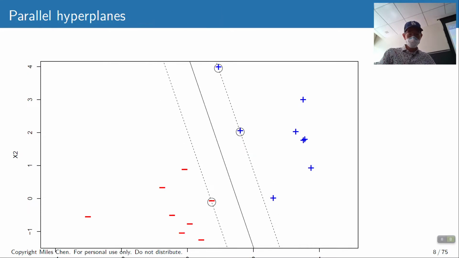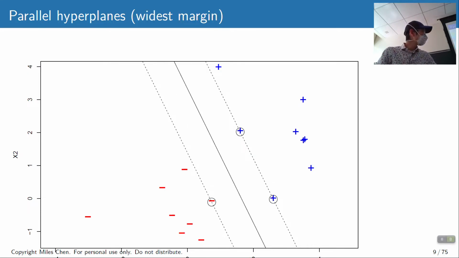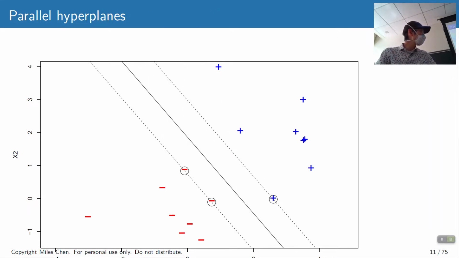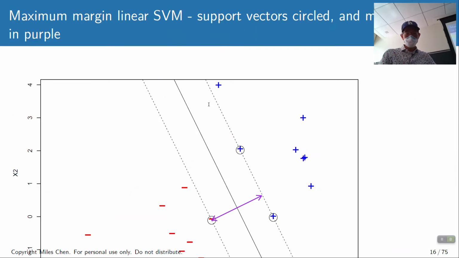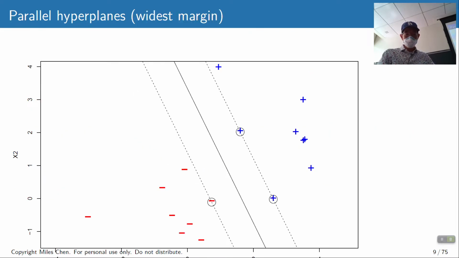And this one's even better if you run into these points, and then as soon as you start going the other way, whoops, they start getting thinner again. So this seems to be the widest margin, the widest set of parallel lines that are as far apart. And therefore, the line that's in the middle of these two is going to form our boundary. And this is what the maximum margin SVM would do.